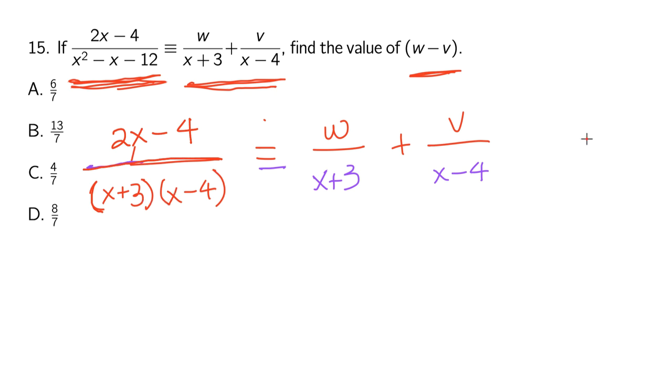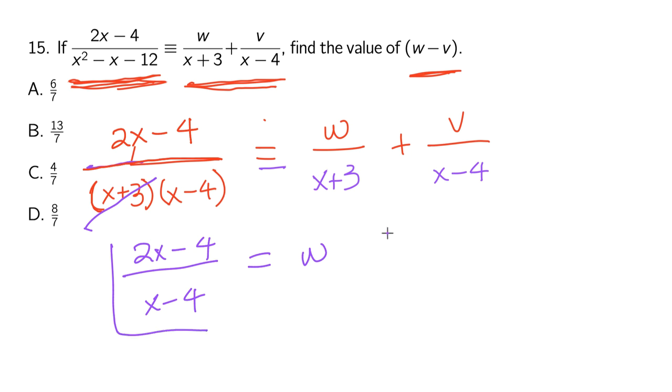What I'm saying is that we want to cover up this x plus 3. We pretend it's not there, and then we have 2x minus 4 over x minus 4, and this is going to give us w. If we put x equals minus 3 into this, it's going to give us our w.